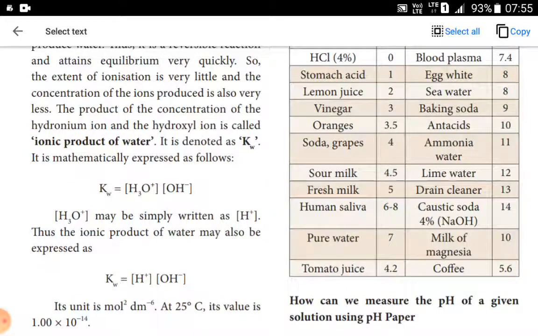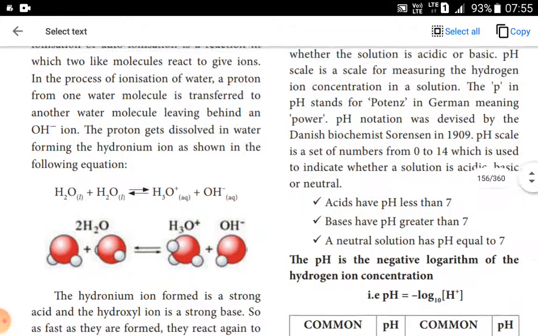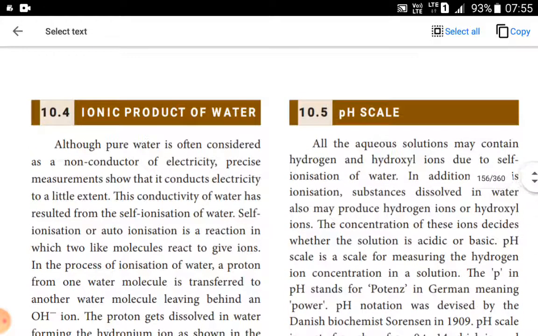H plus, the hydrogen ion, and OH minus, the hydroxyl ion. Its unit is mole squared per decimeter to the power minus 6. At 25 degrees Celsius, its value is 1.00 times 10 power minus 14.